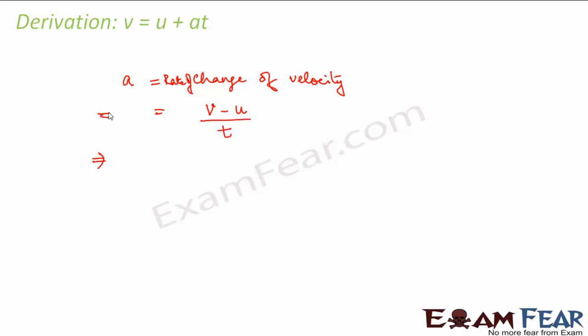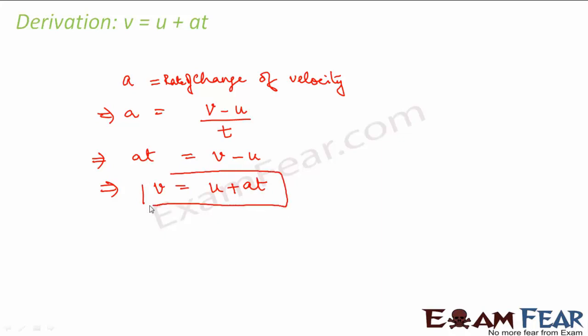So from this you can see that AT is equal to V minus U, or you can say V is equal to U plus AT. So this equation is nothing but another representation of the definition of acceleration. So we directly derive the first equation of motion from the definition of acceleration.